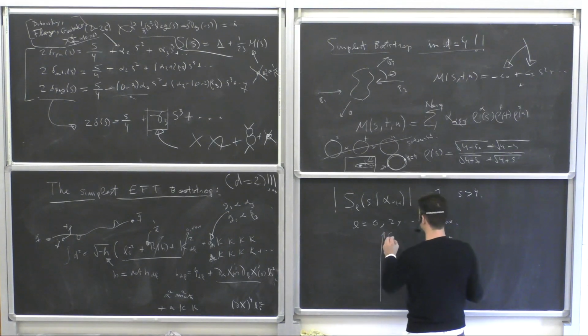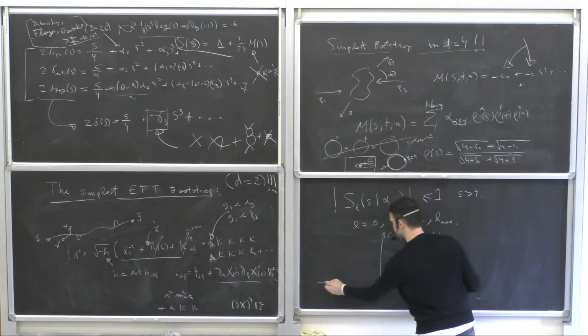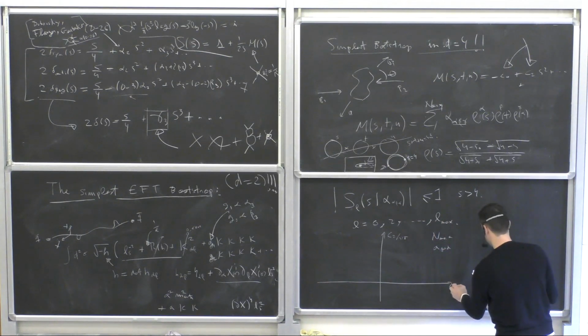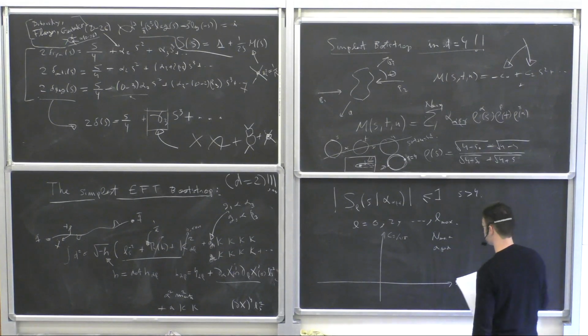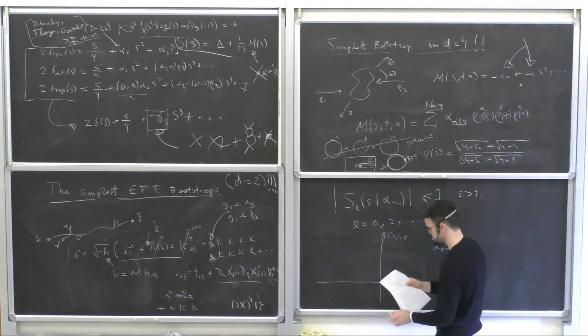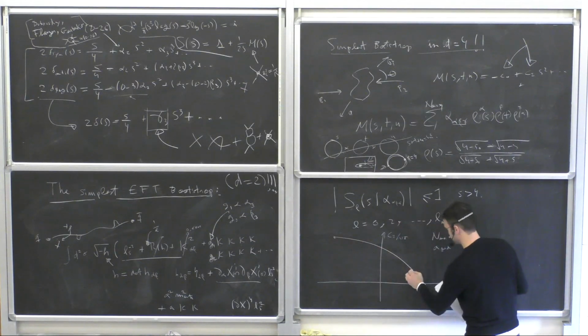So here I'm plotting C2 over 32 pi. And here I'm plotting minus C0 over 32 pi. Okay? So it looks like a leaf, okay? It looks something like this.